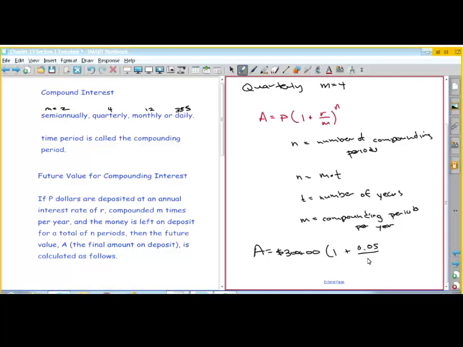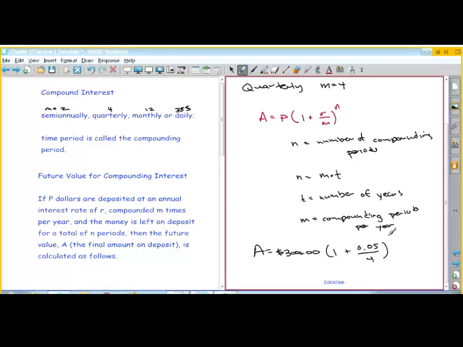When you divide by M, which in this case is 4, that gives you the interest rate per period. So if you have 5% per year, then you have 1.25% per 3 months. If you did it monthly, you divide 5 by 12, and that fraction would be the interest rate per month.